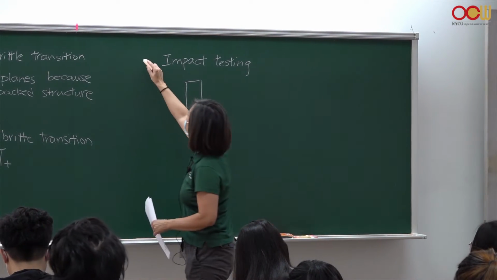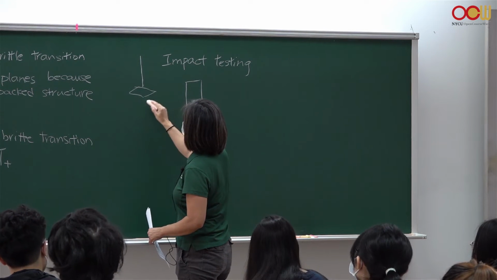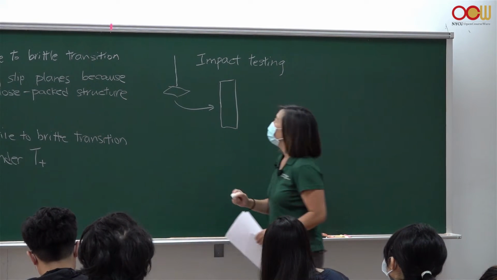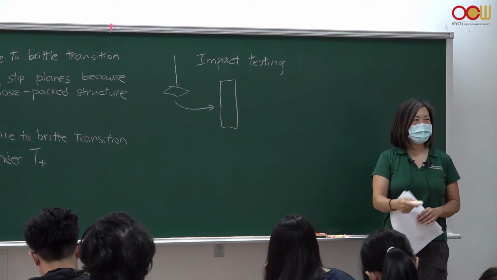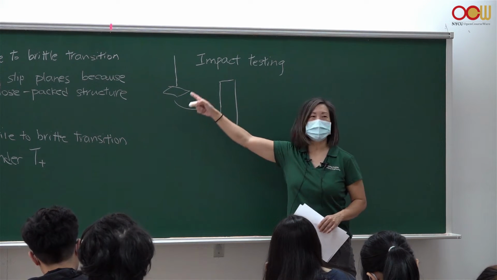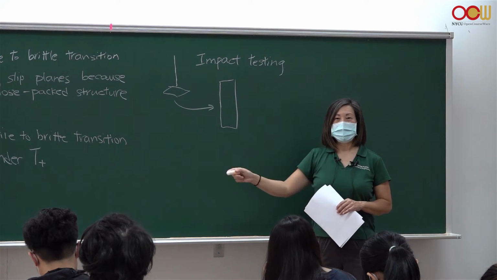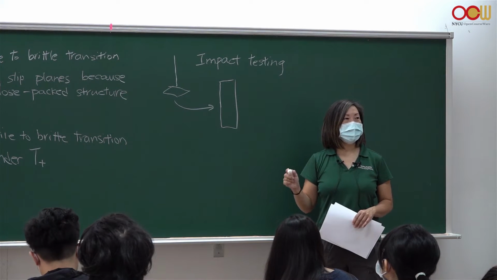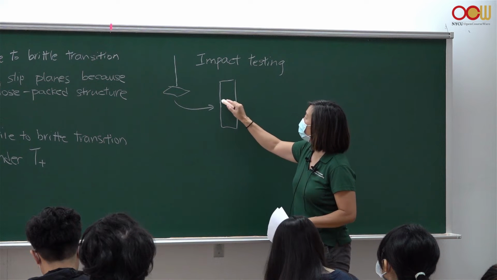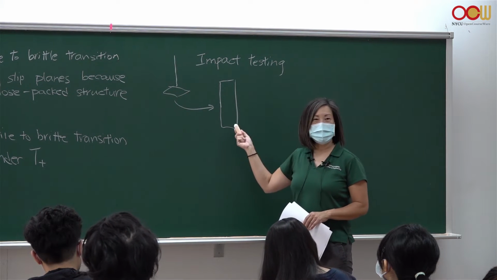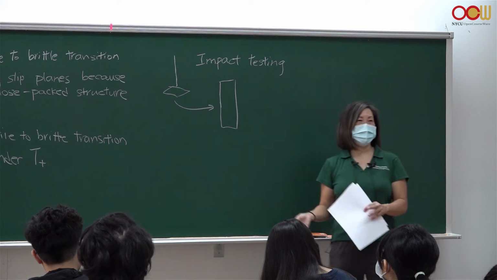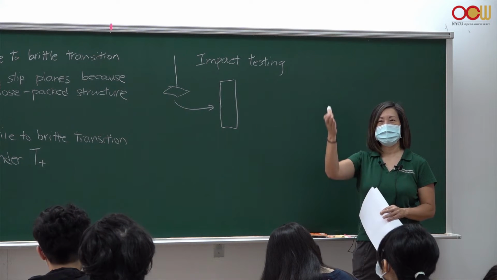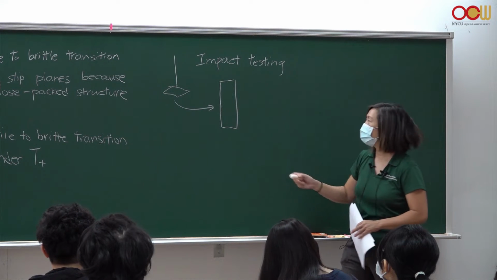So you have something like this, and you swing it into this material. So you hit it, but you control the amount of force that is hitting this piece of material. And you can even introduce cracks on purpose.